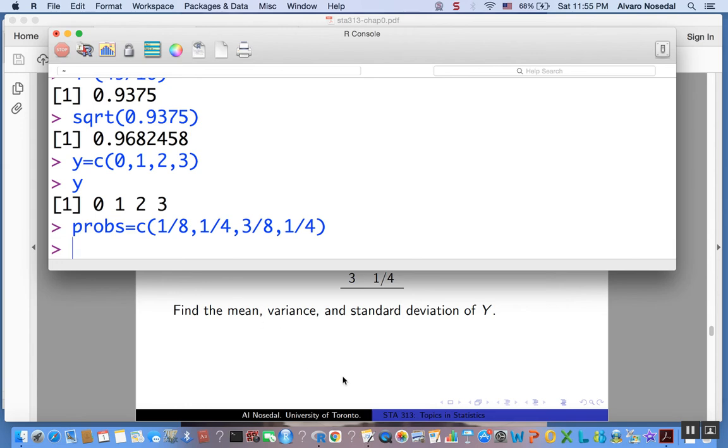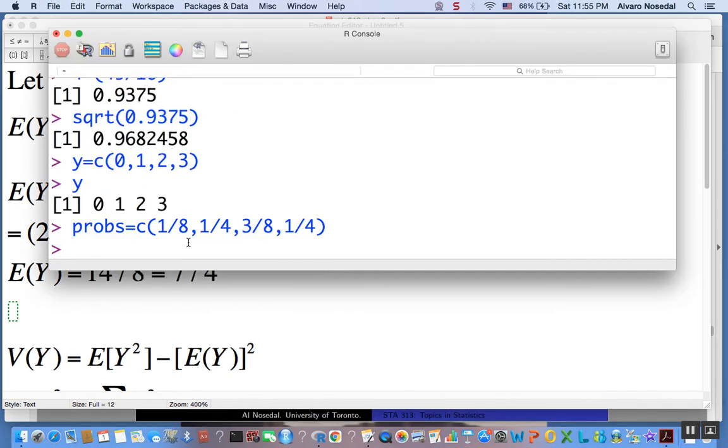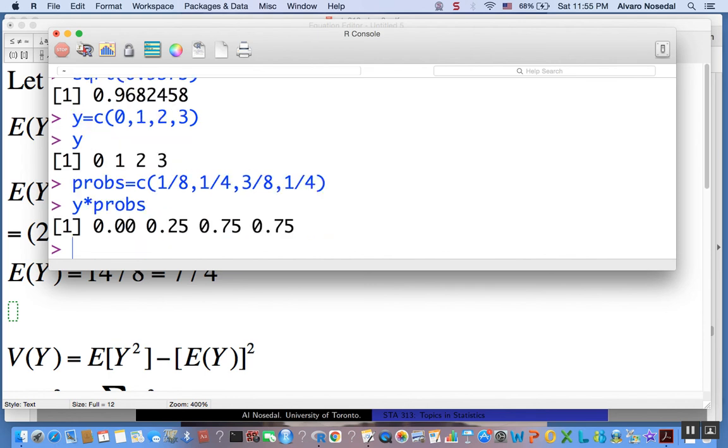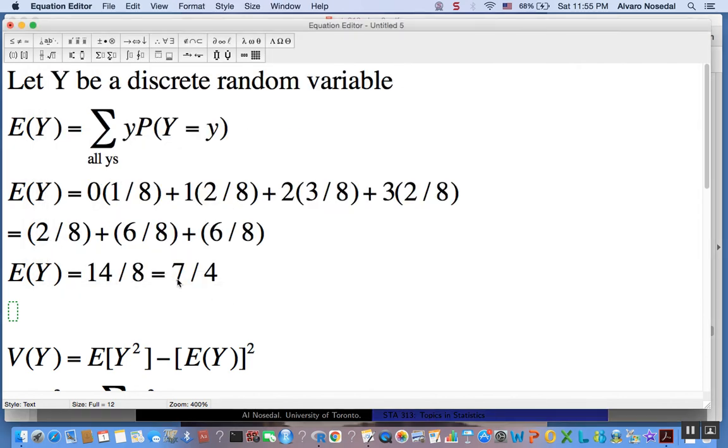So if we go back to our definition for discrete random variables, we just need these products, and we add them up. So it would be y times its corresponding probability, and we need the sum of those products. 1.75, so 7 over 4, I think we're right.